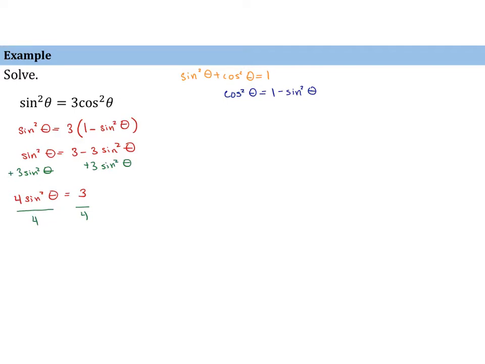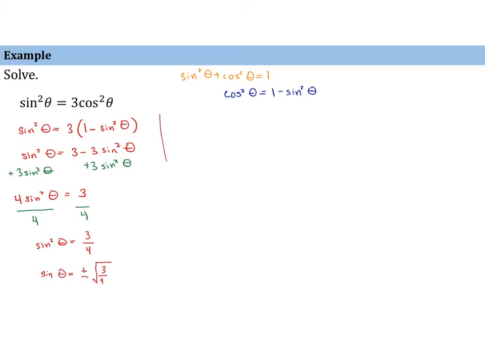And so this means that we have sine squared of theta equals 3/4. But now we need to take the square root of both sides. And so to take the square root of both sides, we remember that this will yield a positive or negative version of the square root of the right-hand side. So we have sine of theta equals positive or negative square root of 3/4.